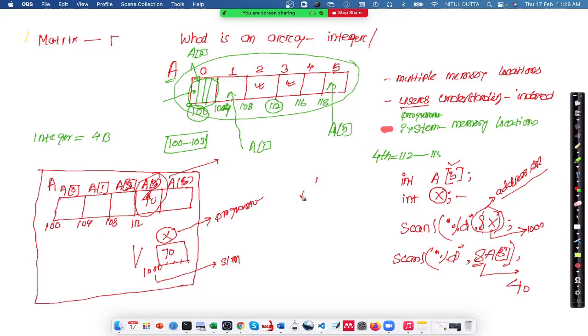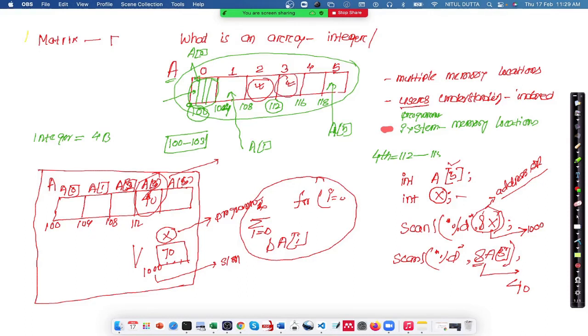And also we can use a loop in order to access those, let us say with I, and we can generalize it like &a[i], where I will vary from 0 to 4. If it happens in this way, we can scan the element as a single individual element. There is no harm in it.